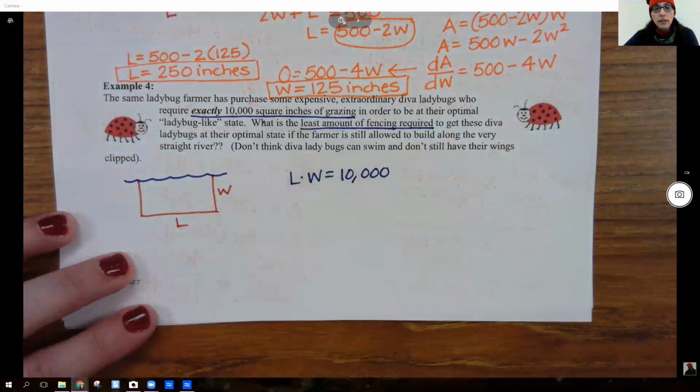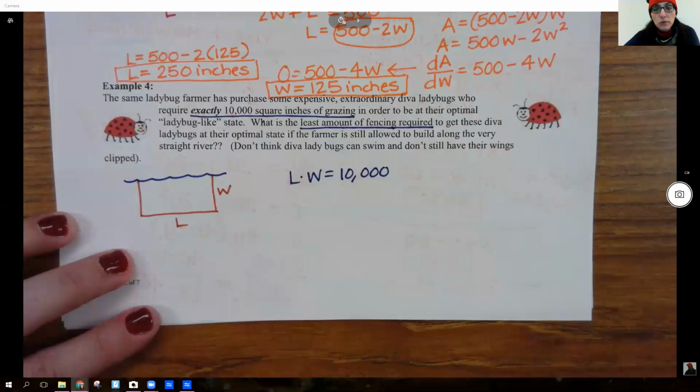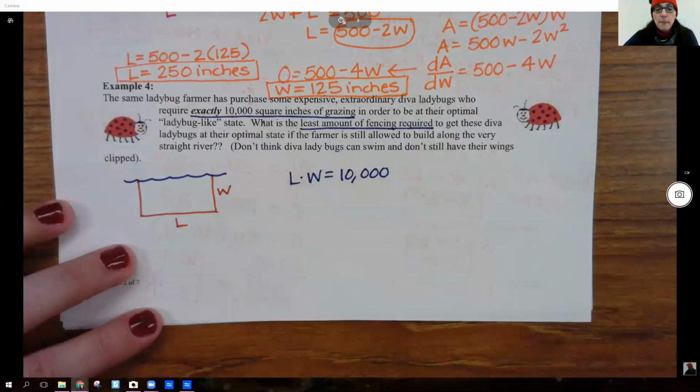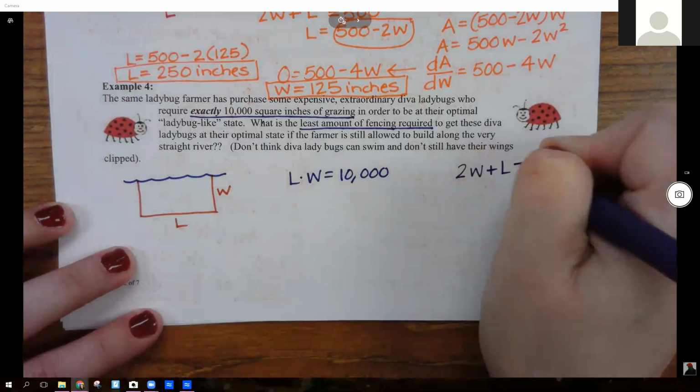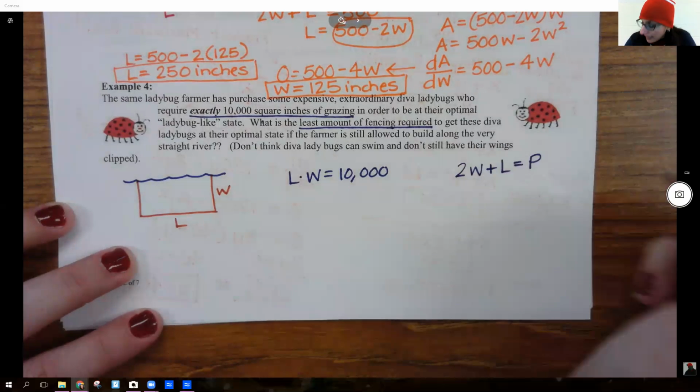What's another equation that we will need to use for this problem? Shouldn't it be like 2W plus L equals like P or something? Yeah, good, exactly.